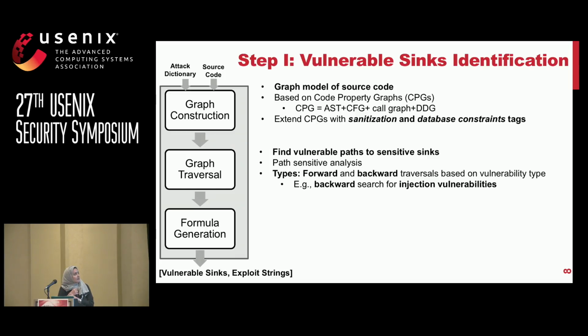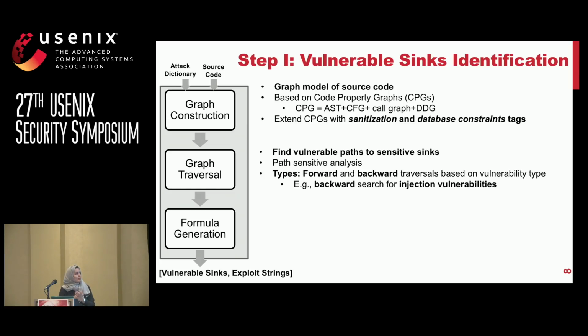In the next step, we use that graph to find vulnerable paths between sources and sinks. And it's path-sensitive analysis. We have two graph traversal algorithms based on the vulnerability type that we want to find.